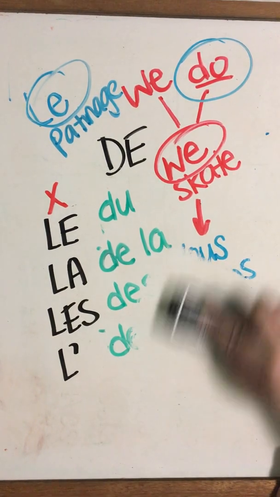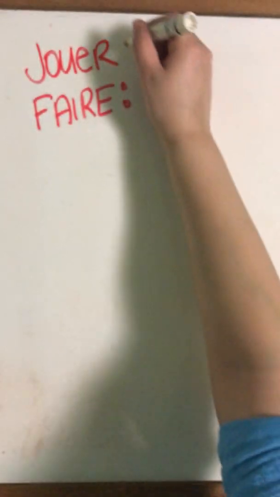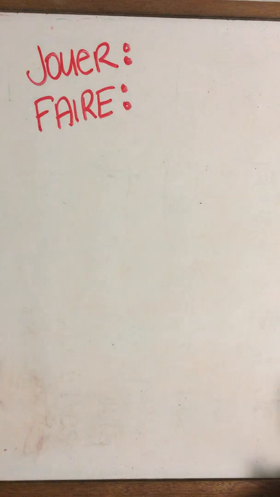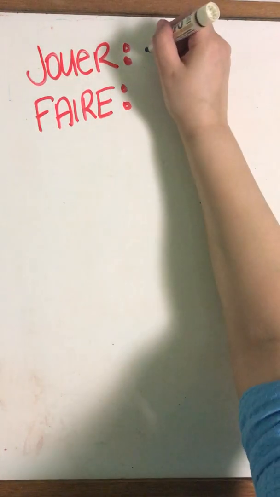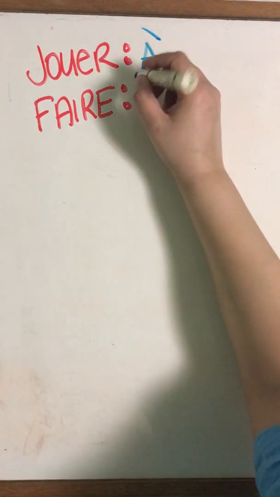Okay, so the thing you have to remember for this part, jouer. And again, this would be super easy if you had your vocab sheets beside you to follow.